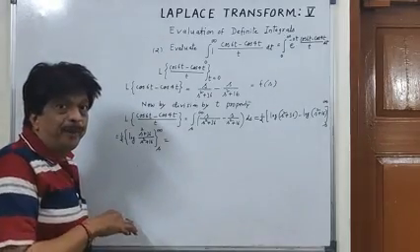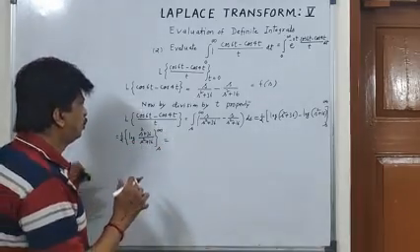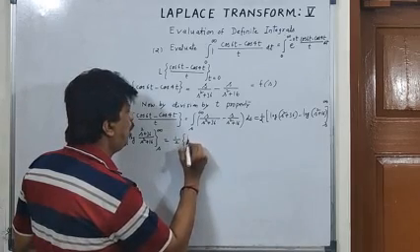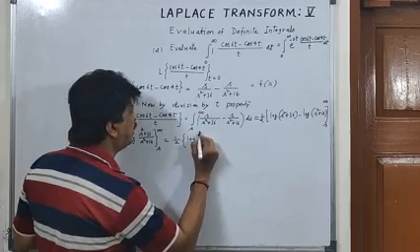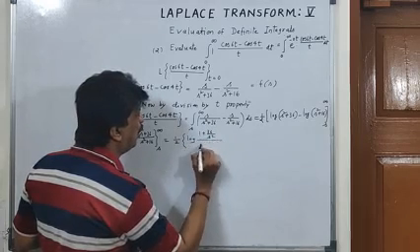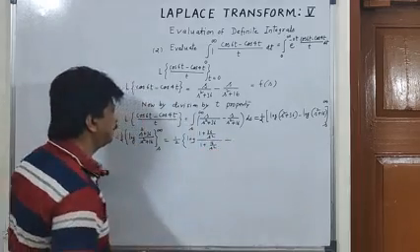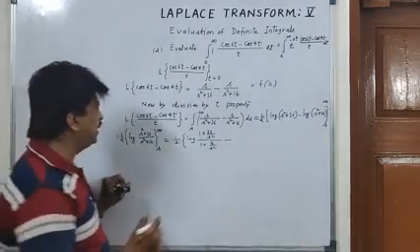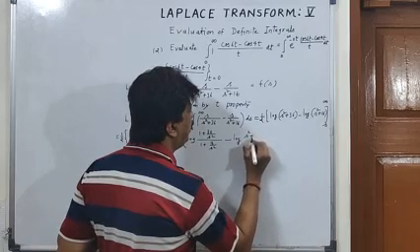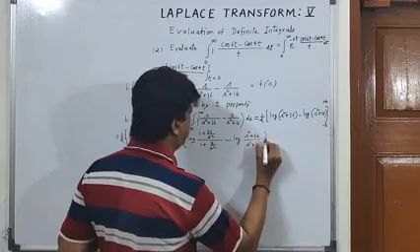Now, to employ the upper limit, I will divide numerator and denominator by s square. So, 1 by 2 times log of (1 plus 36 by s square) upon (1 plus 16 by s square), minus, for the lower limit s itself, the function itself, log of (s square plus 36) upon (s square plus 16).